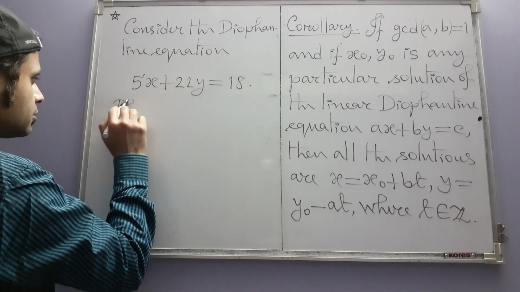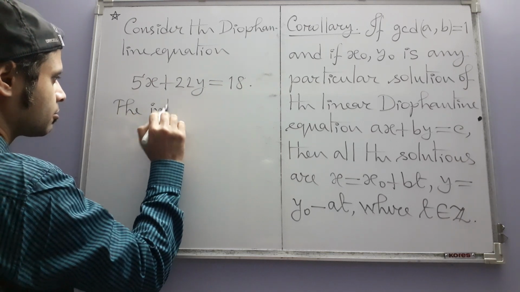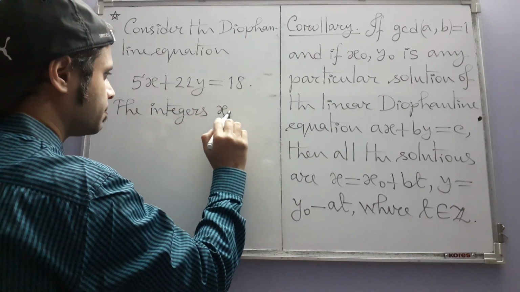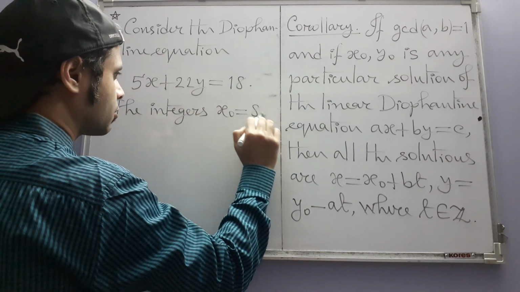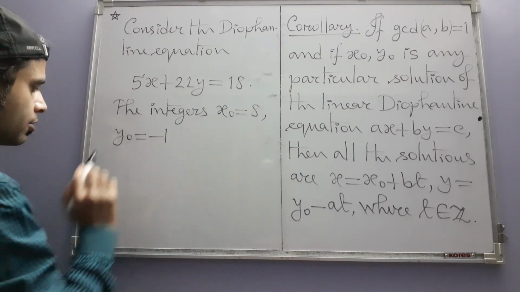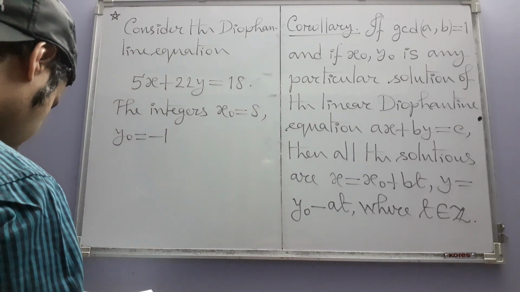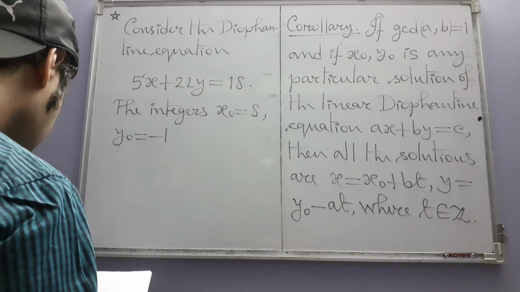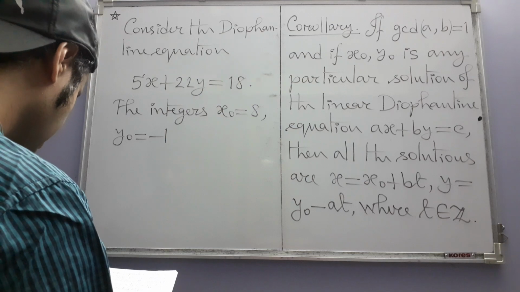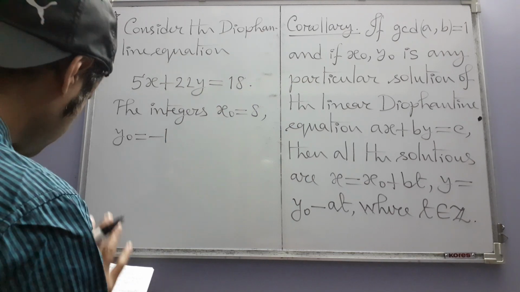The integers x naught equal to 8 and y naught equal to -1. Am I writing these correct values, or am I just simply going on writing whatever I like? No, it's correct.